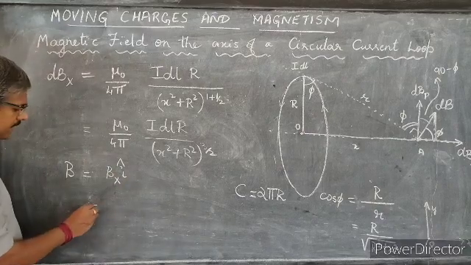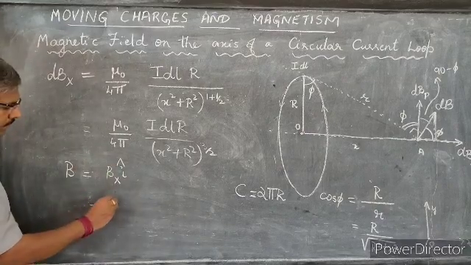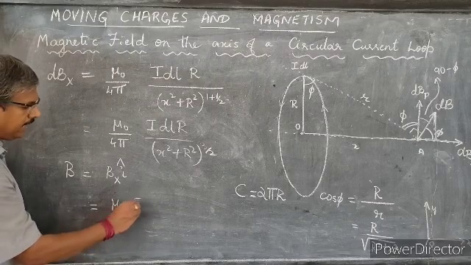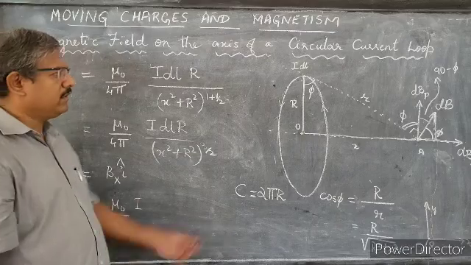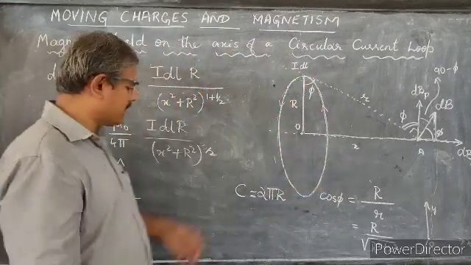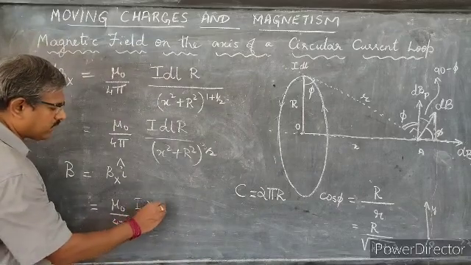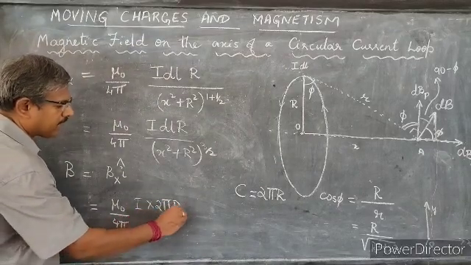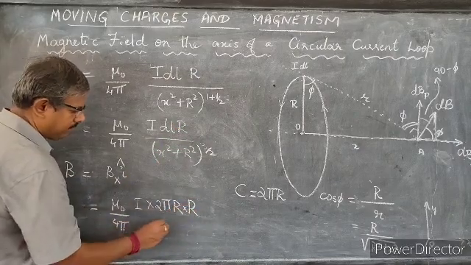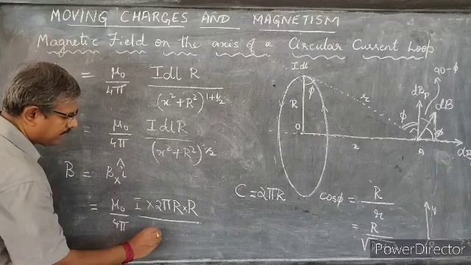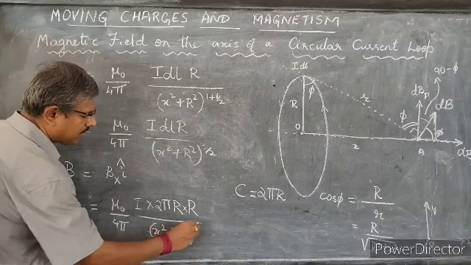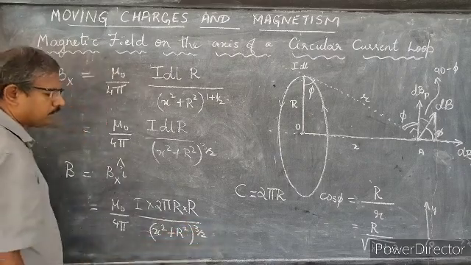So Bx will be my mu naught by 4 pi into I. Now instead of dl was only one current element, I am interested in the current elements along the entire circumference. So dl will get replaced with 2 pi R into one more R over here, capital R, divided by (x square plus r square) whole to the power 3 by 2.